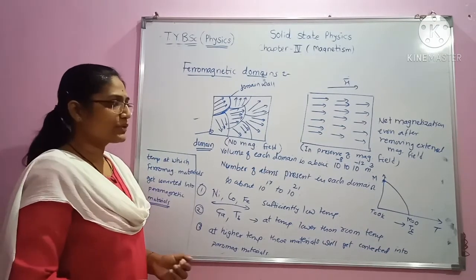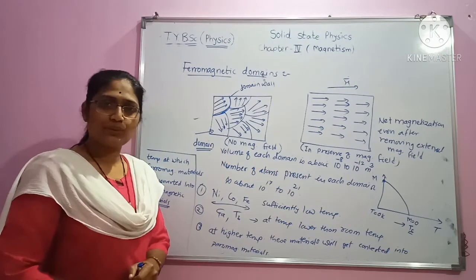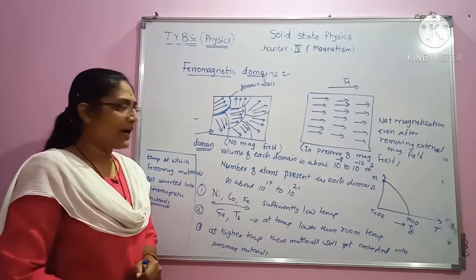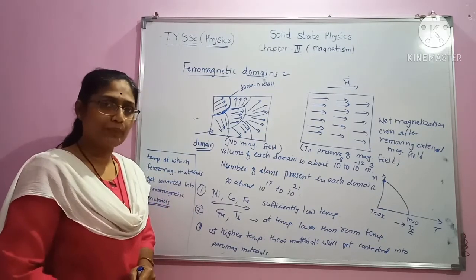So, in case of ferromagnetic materials, at temperature called as Curie temperature, the magnetization will become 0 and this material will get converted into paramagnetic materials.